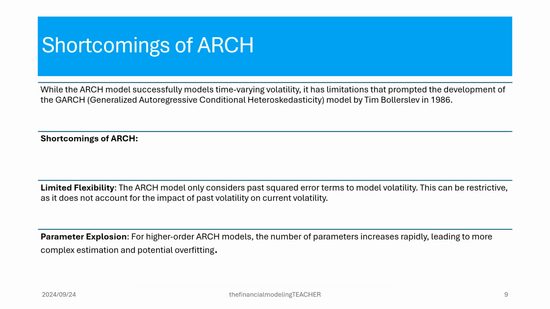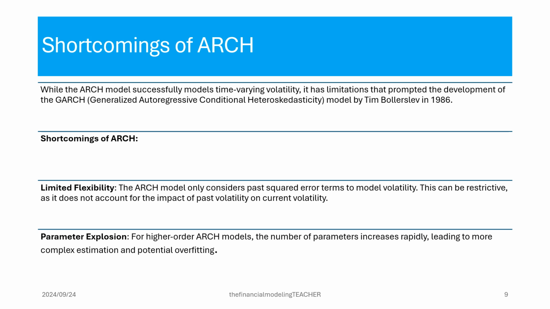We discussed the shortcomings of ARCH, which prompted the extension of this research to introduce the model called GARCH, the generalized autoregressive conditional heteroscedasticity, by Tim Bollerslev.